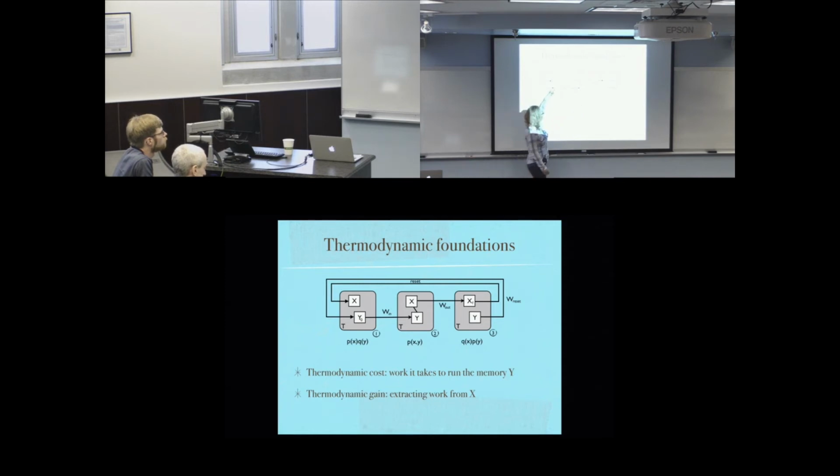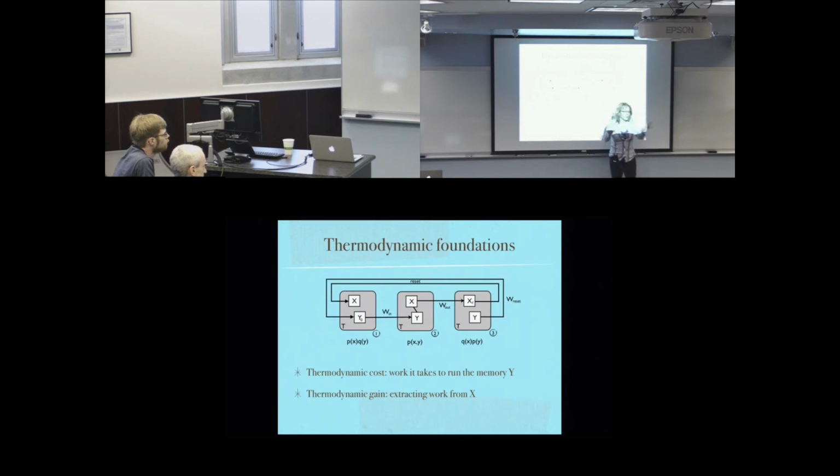Now I'm going to change this Y guy in such a way that it correlates to the X guy. I have to presumably put in some work to do this and probably dissipate some heat. In the next, so I've now correlated this. It's taken me some effort to do so, but I get something out of it. I get a potential to extract some work out of this thing. So Szilard's engine is a perfect example of this, right?